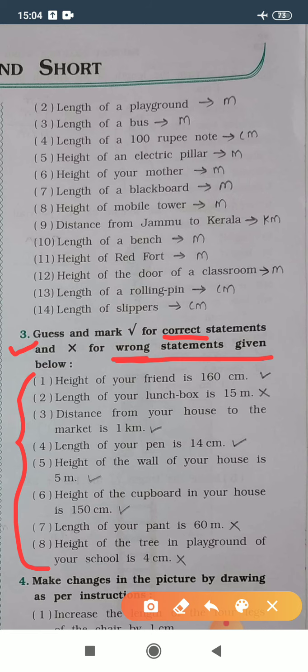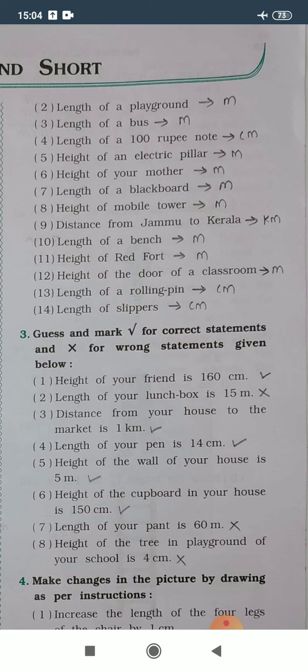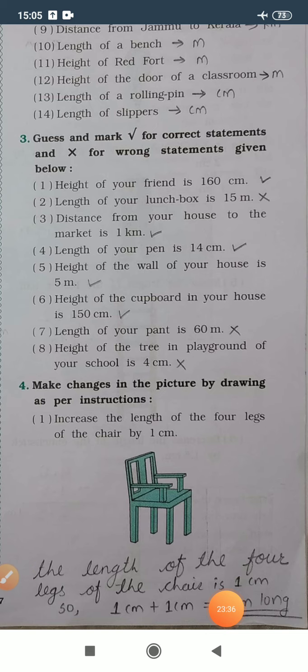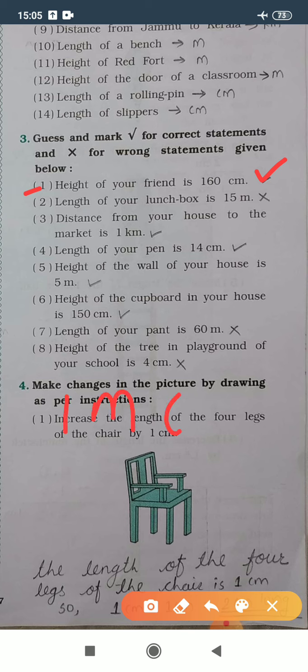Let's read line by line. Number 1, height of your friend is 160 centimeter. Yes, this statement is true. That means your friend is 1 meter and 60 centimeter if we calculate in meter terms. So yes, a person can be 160 centimeter.